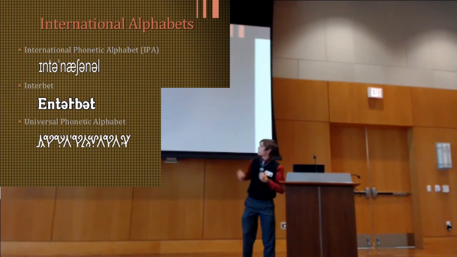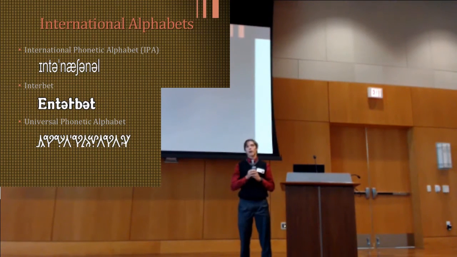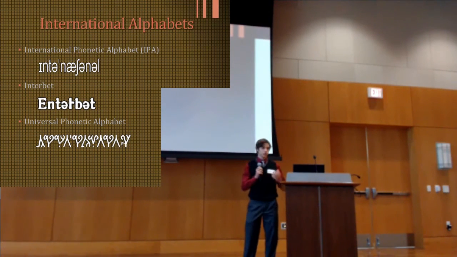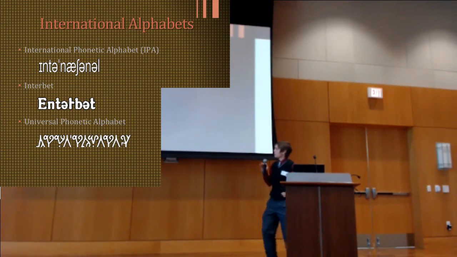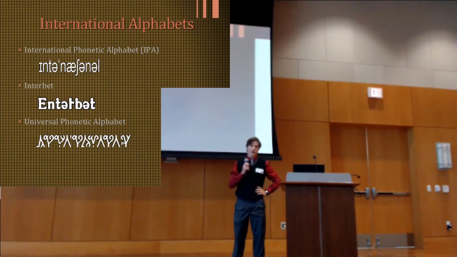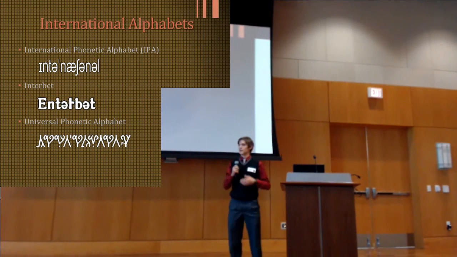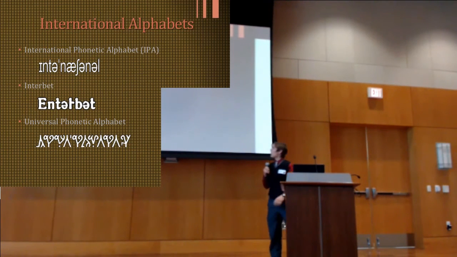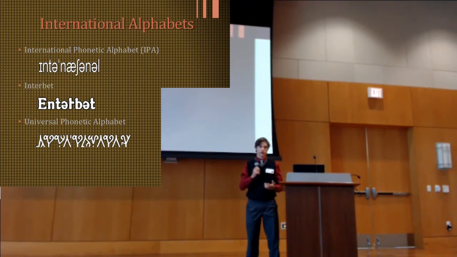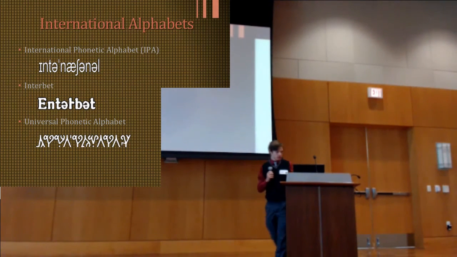You've got Interbet, which is a more practical version of IPA that has fewer actual symbols, but that can actually represent all the languages of the world, like IPA. And there's the Universal Phonetic Alphabet, which didn't like the fact that IPA basically uses the Latin alphabet and didn't think that was international. So these are just a few of the examples of international alphabets that have been created for this purpose.